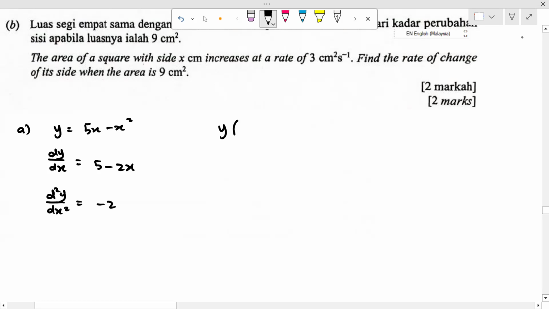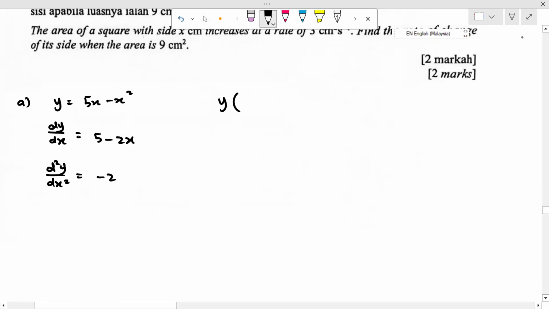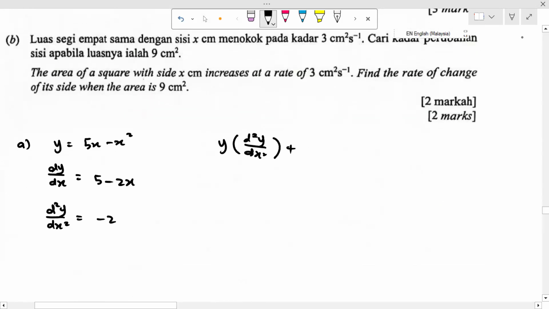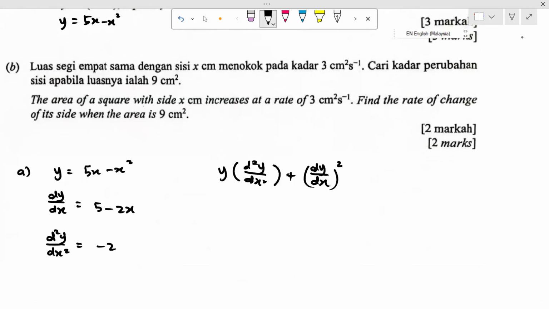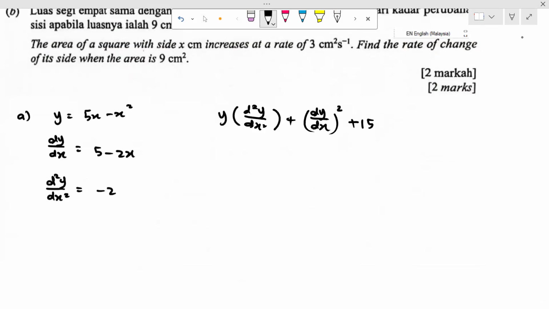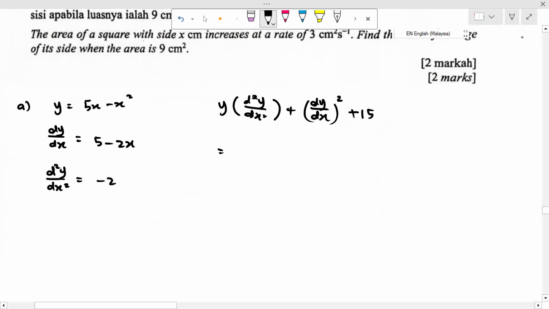And now let's put this in: y, d2y by dx2, and then plus dy dx squared. Dy dx squared and d2y by dx2 are two totally different things, yeah? Plus 15. Okay, we've got to write in the simplest terms. So the y is 5x minus x squared, and then the d2y by dx2 is negative 2 plus 5 minus 2x squared plus 15.